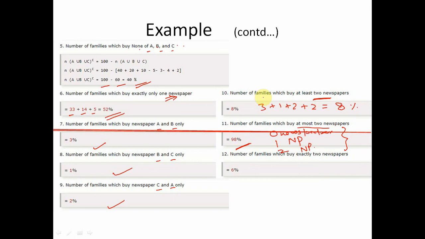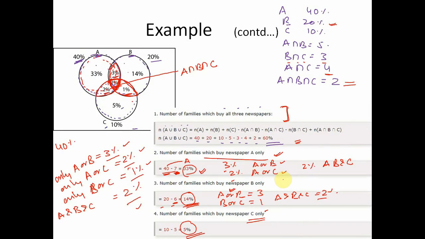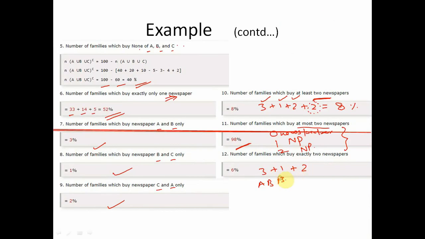So this will be 3 plus 1 plus 2. Now this 2% was all the 3 newspapers, A and B and C, so we do not take it over here. So I get 3 plus 1 plus 2. This is A and B, 1% was BC, this was AC. So this is 3 plus 1 plus 2, that is 6%.